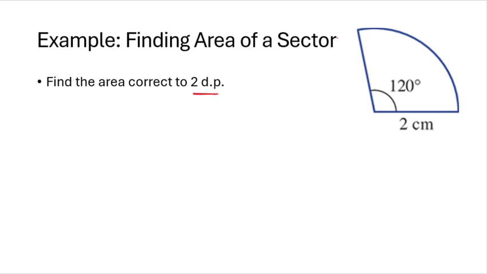Find the area of this sector, correct to two decimal places. So I have my angle being 120 degrees, and then I have my radius is 2 centimeters. So let's just write down our formula first.